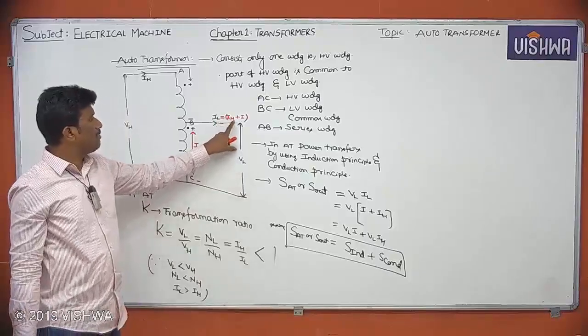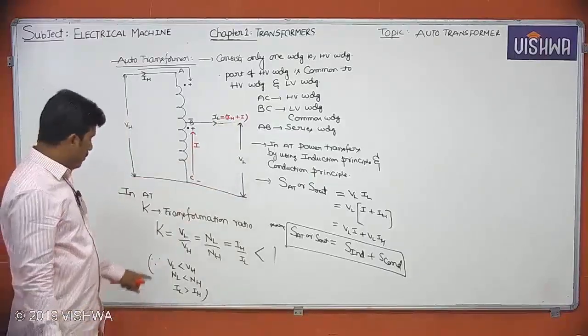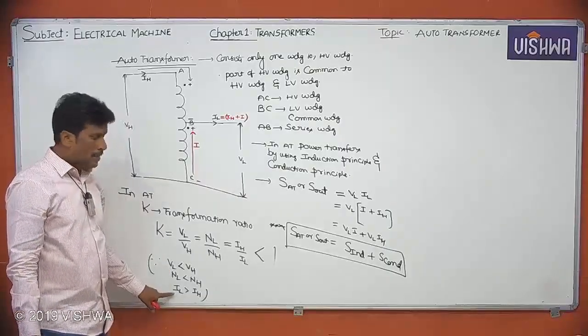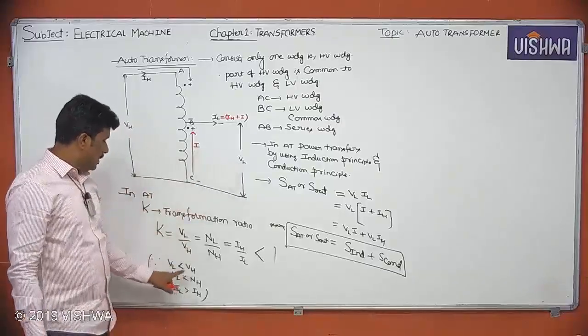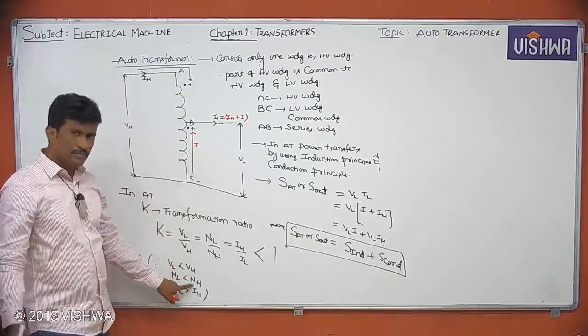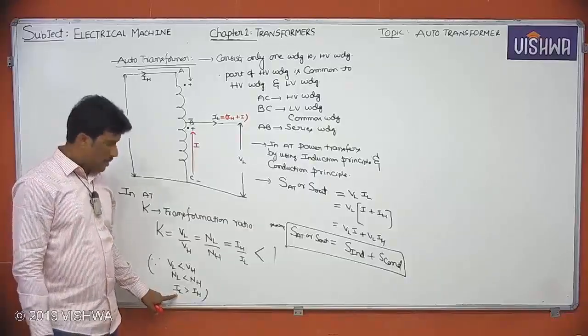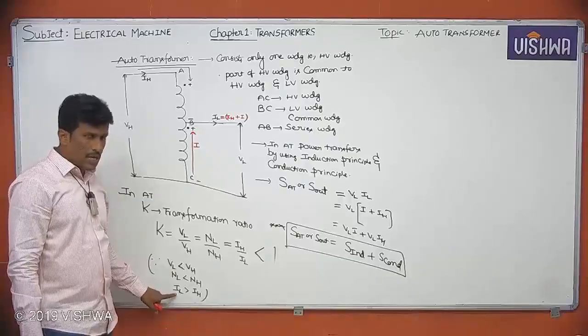IL equal to IH plus something. See, transformer is a constant power device. If voltage is lesser, current will be more. That means VL is less than VH, already known. Okay, NL is less than NH and IL will be greater than IH. If voltage is less in low voltage side, in low voltage side current will be more. IL is greater than IH.